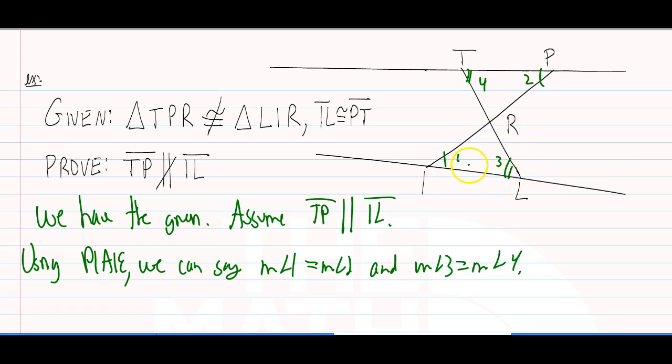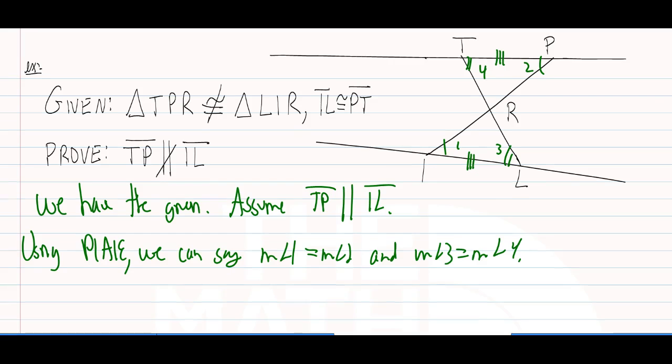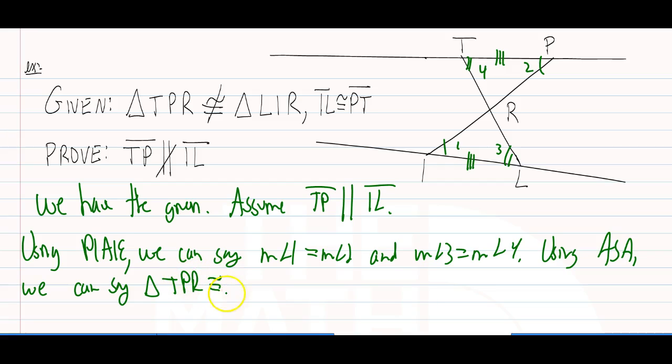And we already have that segment IL was congruent to segment PT. If I look at those two triangles, what do they have in common? Well, using angle side angle, we can say triangle TPR is congruent to triangle LIR, and there is the problem.